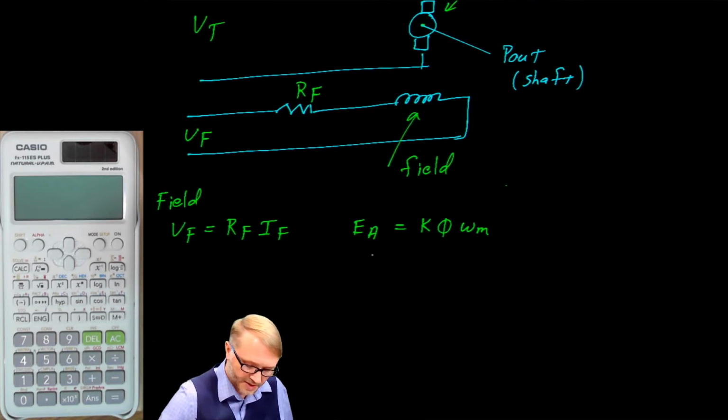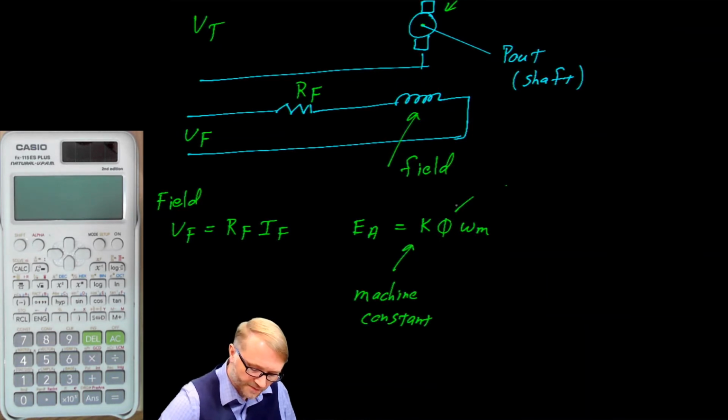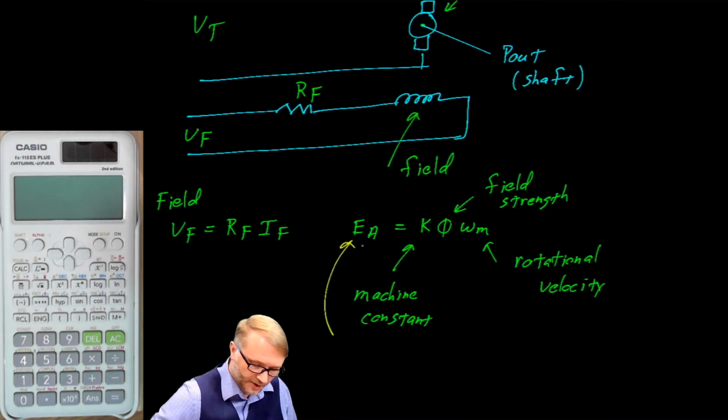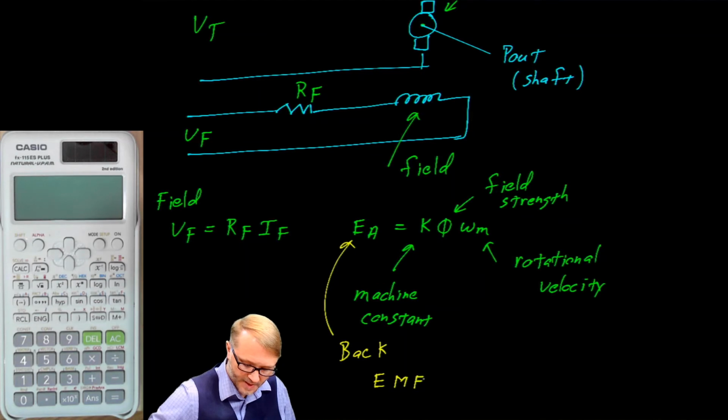We would call this the machine constant, the field strength, and this is the rotational velocity. This has another name. We're going to call that the back electromotive force. So back EMF.